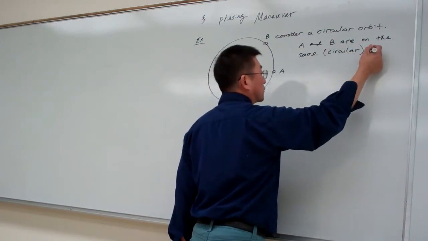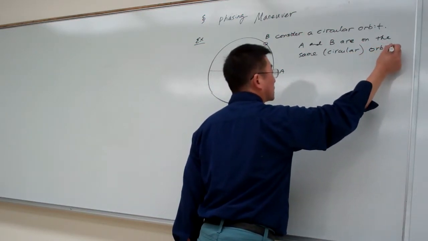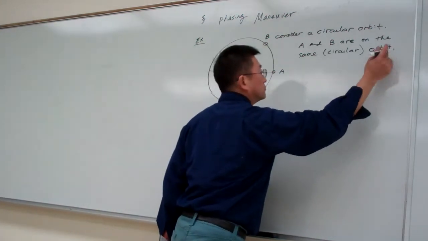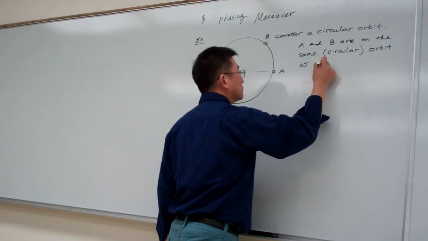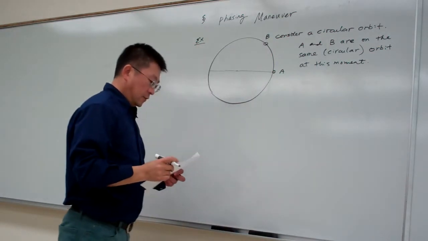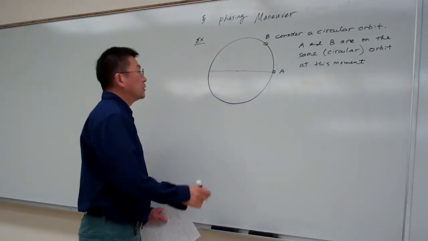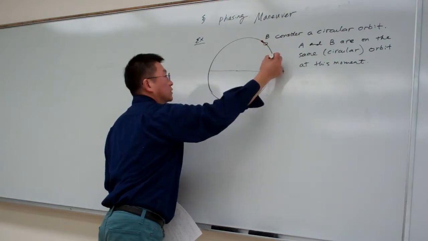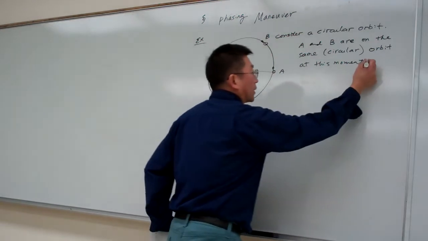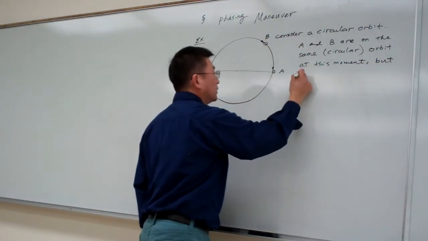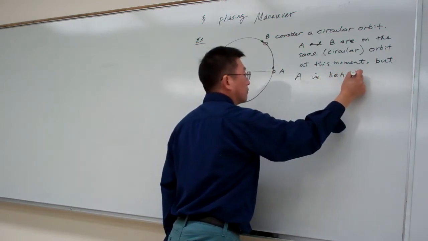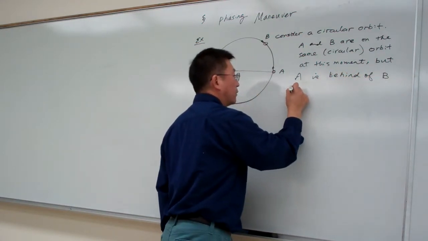Here we consider a circular orbit, but you can extend the concept to other kinds of elliptic orbits. Both are circulating the orbit in the same direction, but A is behind B by how much?